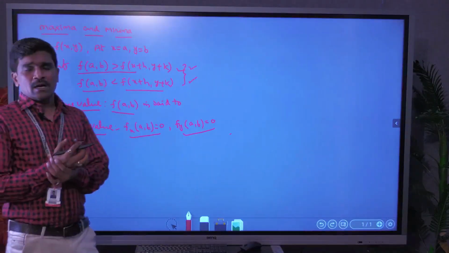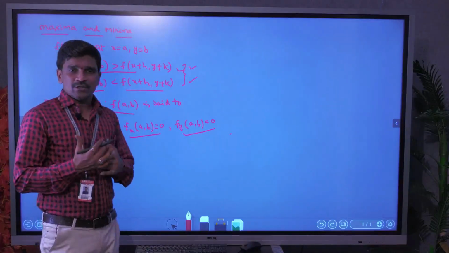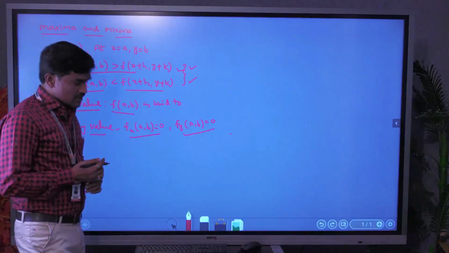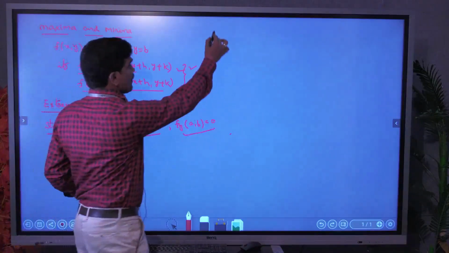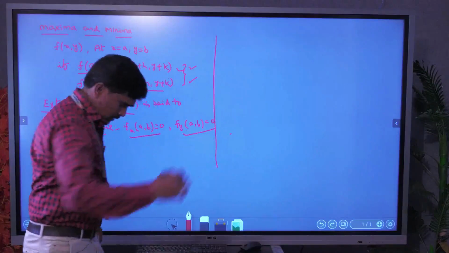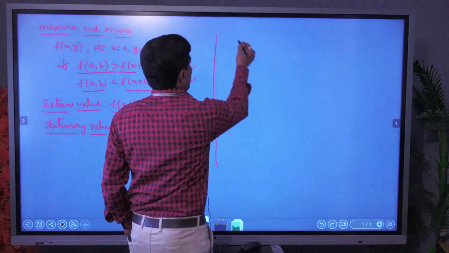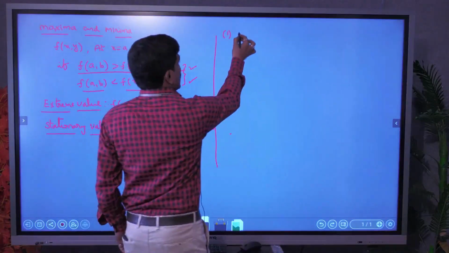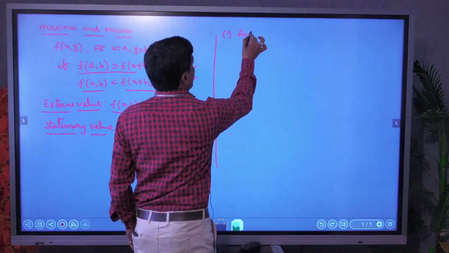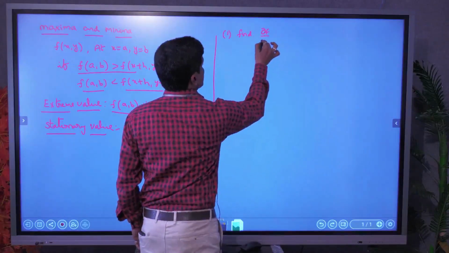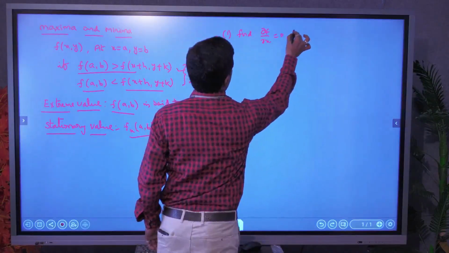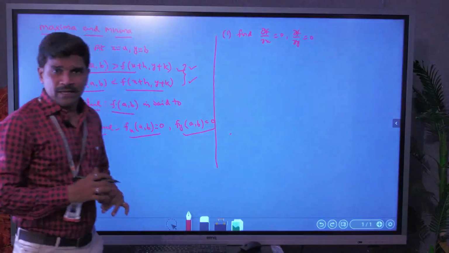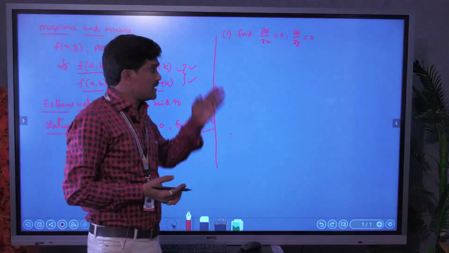Now what are the conditions for finding maxima and minima? The first step is to find ∂f/∂x equal to 0 and ∂f/∂y equal to 0. First take f with respect to x and f with respect to y, then equate them to 0.